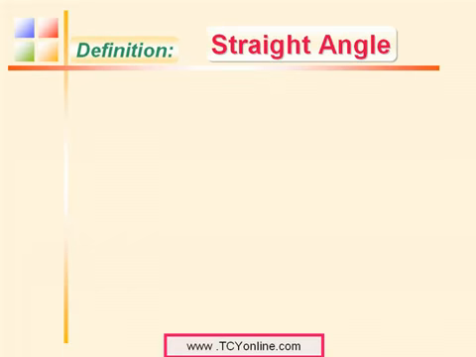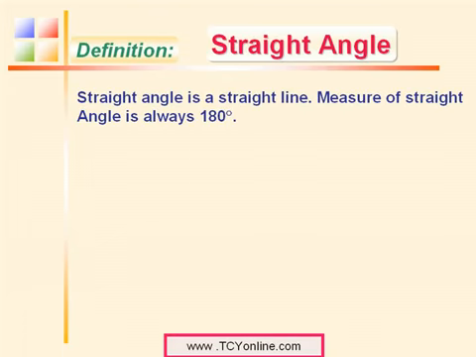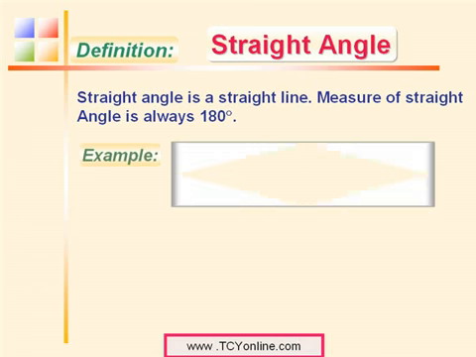Now after this, let's combine two right angle triangles and then study about straight angles. So straight angle is simply a straight line, and it has always measure equal to 180 degrees. Let's see an example for this.